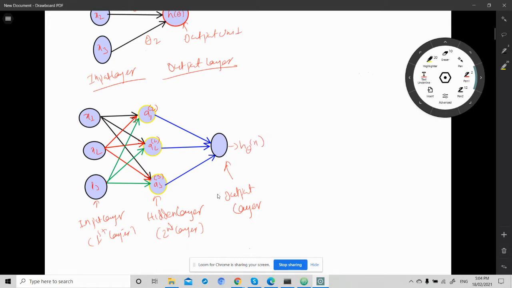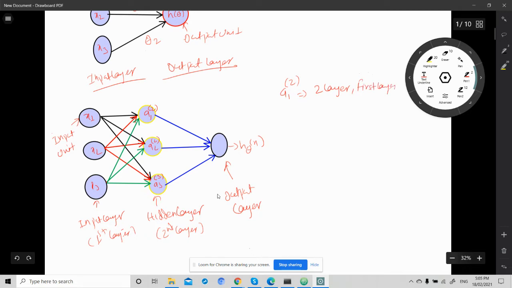Here, like I said, this is my input unit. This is my activation function, a1 2. Here a1 2 means this is my second layer first unit.